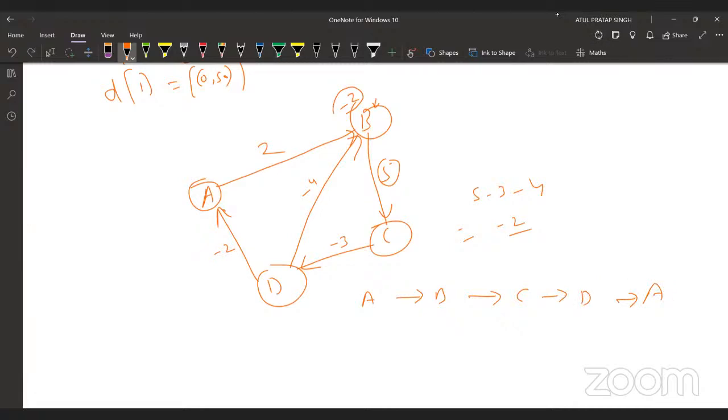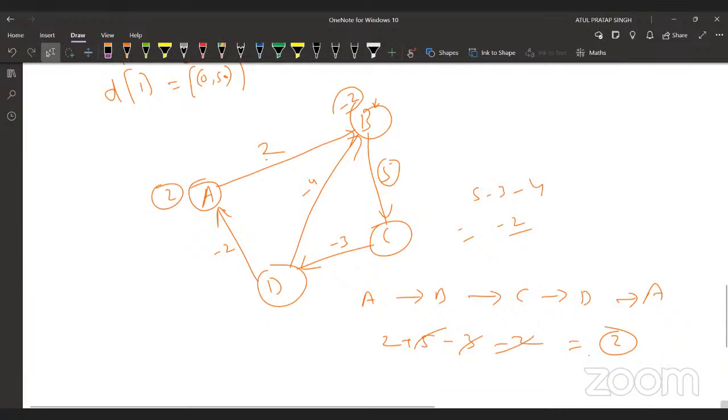Starting from A, 2 plus 5 minus 3 minus 2, so the total weight is 2. After moving along the whole path, we get a positive value, so this is not a negative weight cycle. So there are two conditions. First is negative weights, and second is negative weight cycle. Both are different things.